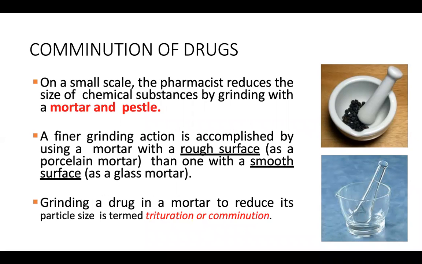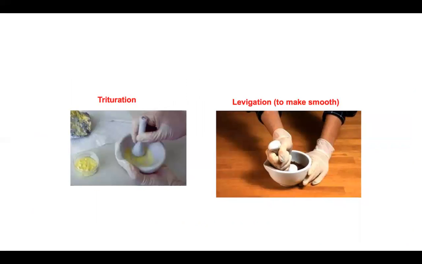Grinding a drug in a mortar to reduce its particle size is termed trituration or comminution. You can also say trituration or comminution. In trituration, on the left side, you see how it is done.